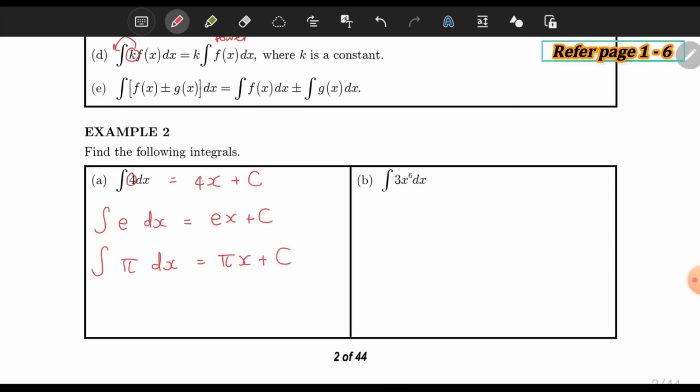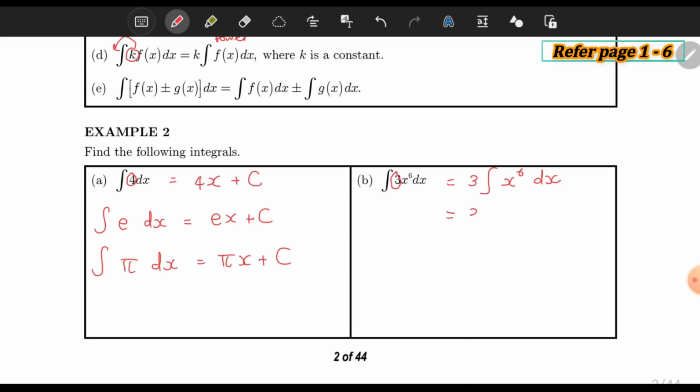Next, part B. Integrate 3x power of 6 dx. 3 is a constant only, so we can write 3 integrate x power of 6 dx. We integrate x power of 6 with respect to x.